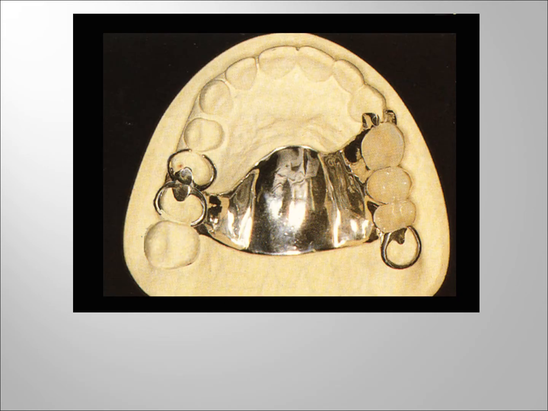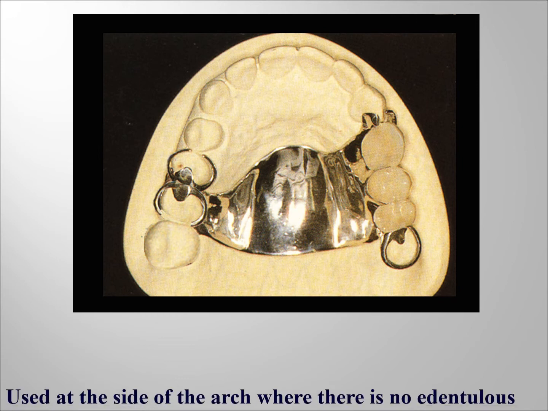This is an example where we have a simple class 3 with no modifications, and you have to extend it on the other side for cross arch stabilization. So two rests and two retentive and reciprocal arms are prepared and used on the other side.